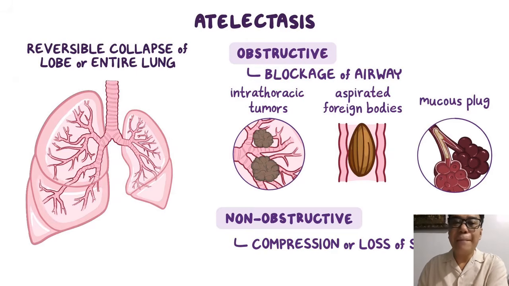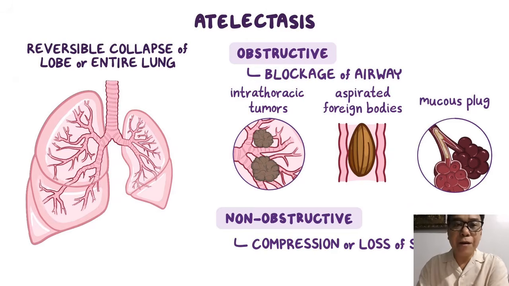Basically what happens in atelectasis, it starts with blockage of our airway, or sometimes it could be secondary to the compression that's happening. Okay, just like what we can see on our slide.